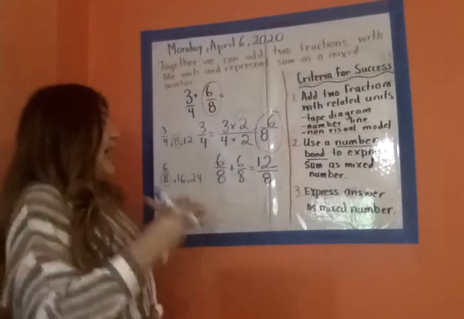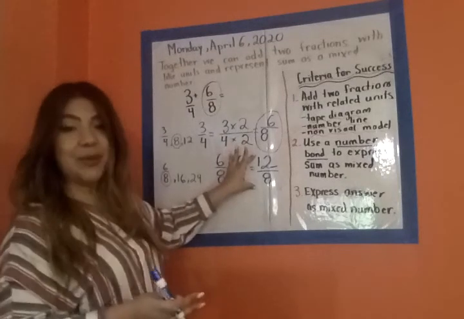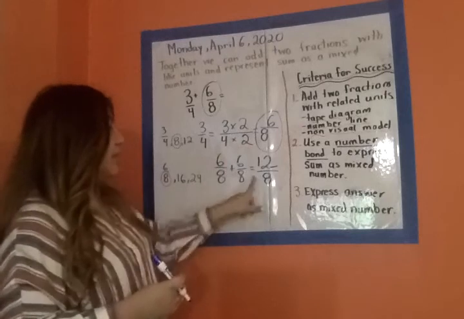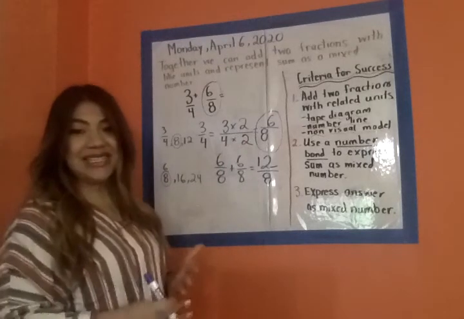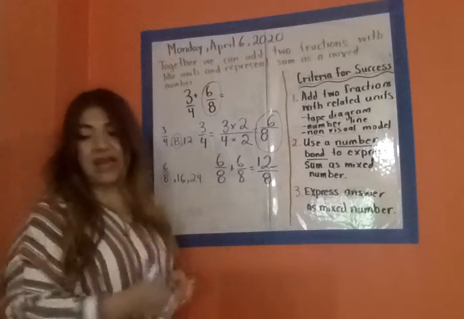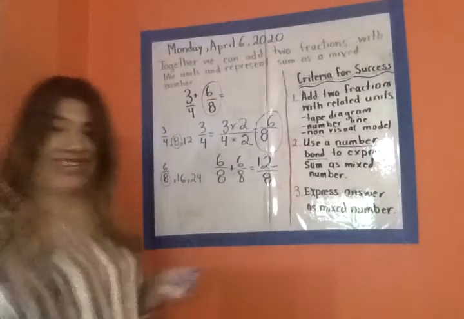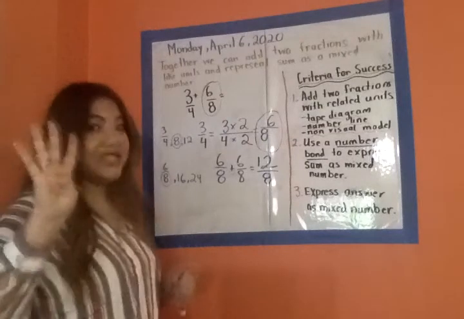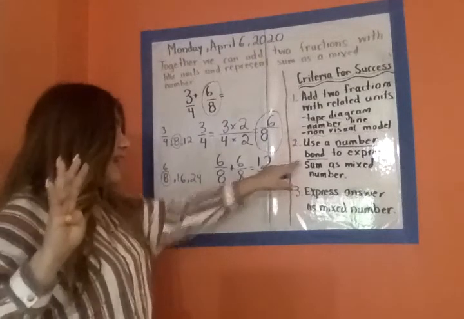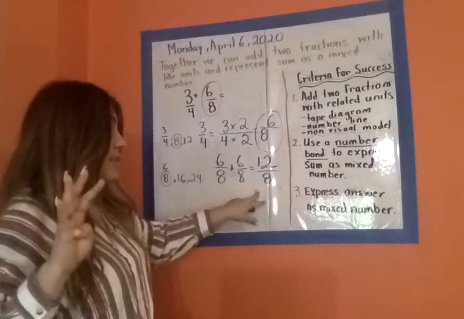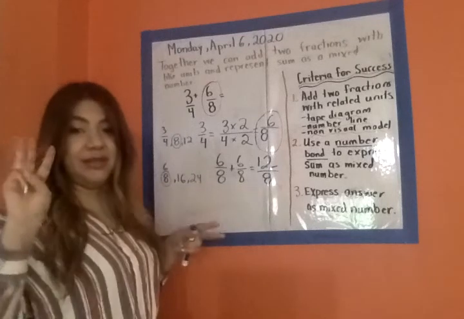Why might I want to utilize a number bond to determine what 12/8 is? How do number bonds help us? Give it some thinking time. Ready? 5. I want you to think of an answer. How can number bonds help us express this sum better? Okay?